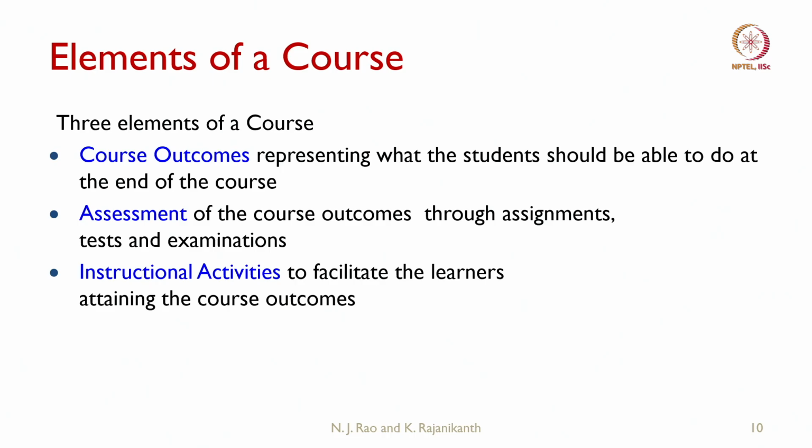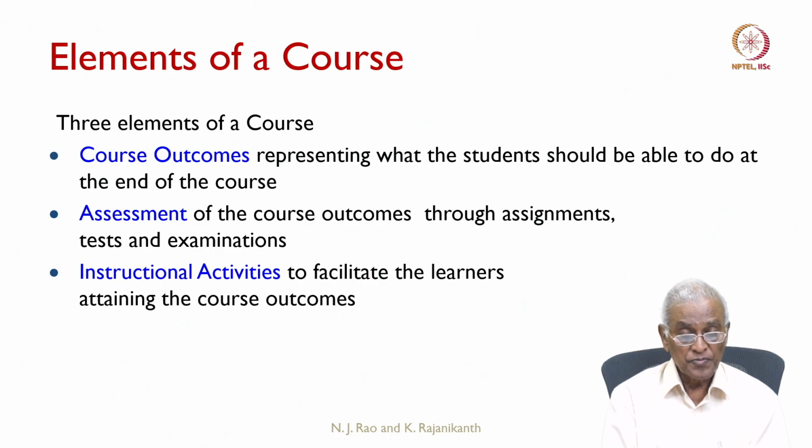Then you do some instructional activities in the classroom, as we have explained what instruction is, and these instructional activities should facilitate the learners in attaining the course outcomes. But attainment of course outcomes is also expressed in terms of the type of assessment that you are doing.